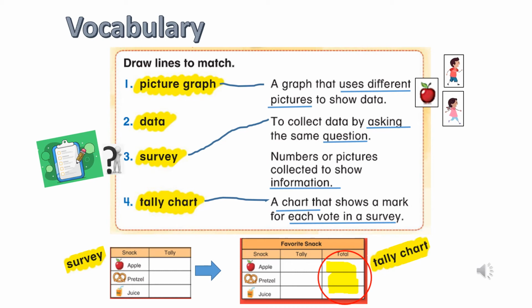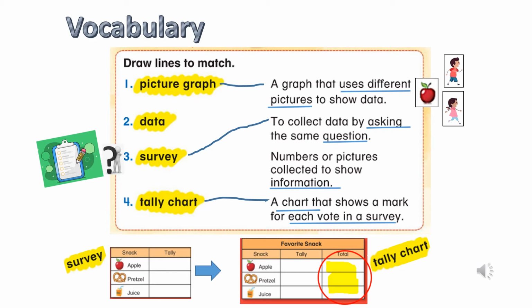Let's skip down to number 4, the tally chart. Underneath the vocabulary words, you can see a picture of a survey. I would use tally marks to record what's your favorite snack: apple, pretzel, or juice. And then you use the survey to fill in your tally chart. They're almost identical, except the tally chart has that last column called total.